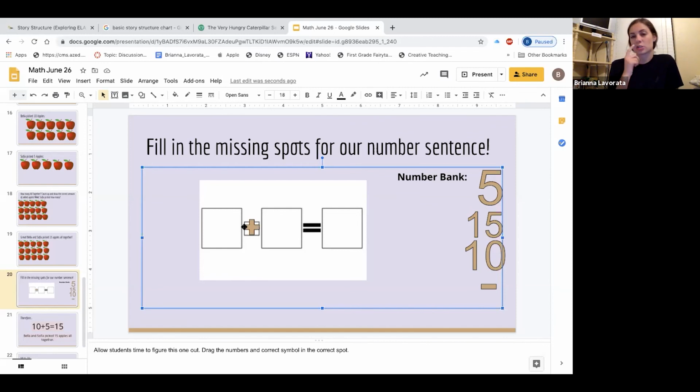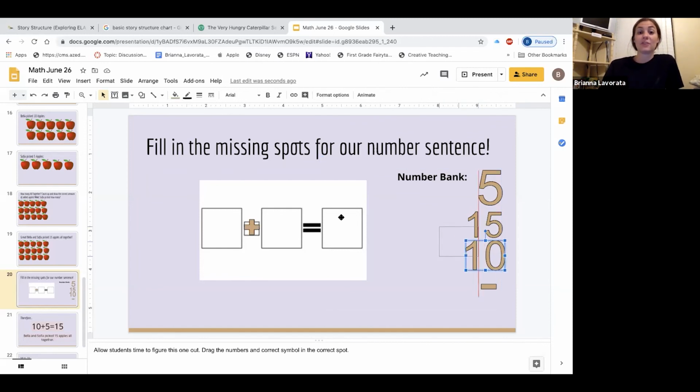Next, my number 5, or 15, or 10. So let's go ahead and start with the beginning. How many did Bella have? If you answered the number 10, you are correct. We're going to put that here first. Then we're going to start with the number 5, because we know Sophia had 5, so we're going to put that second.